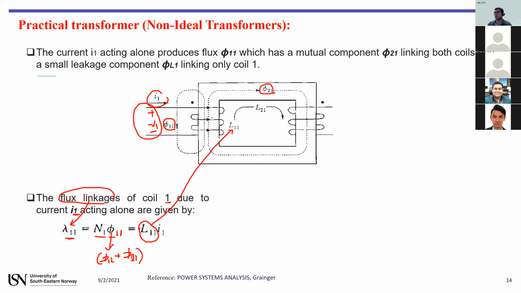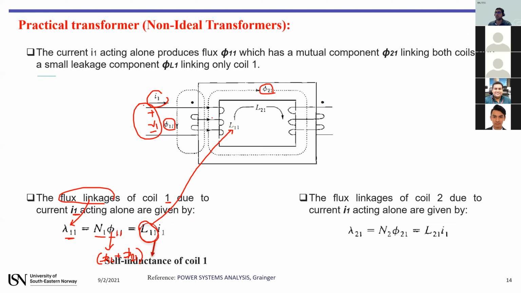This parameter is the self-inductance of each winding. However, when we have current in this winding, we have the same flux that circulates this core and passes through the other winding.